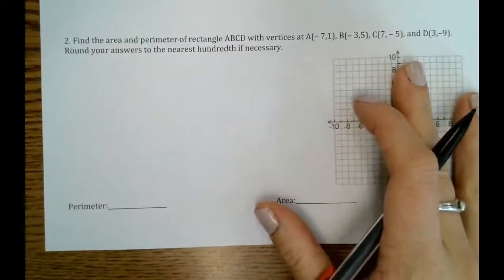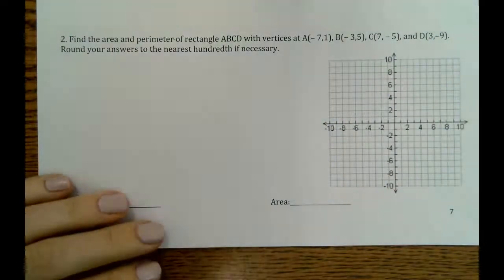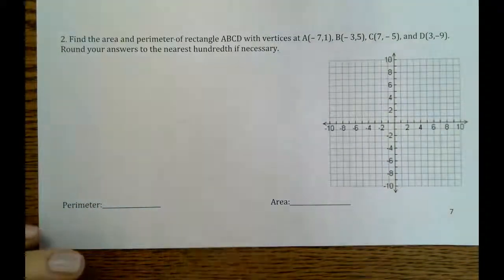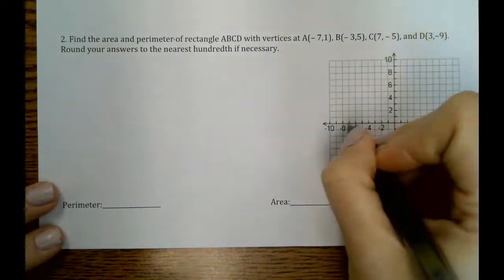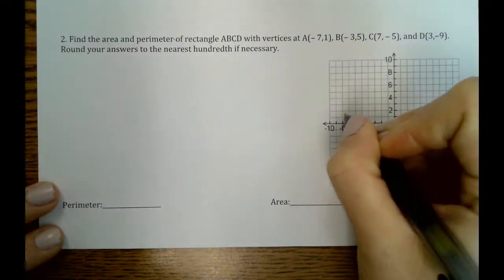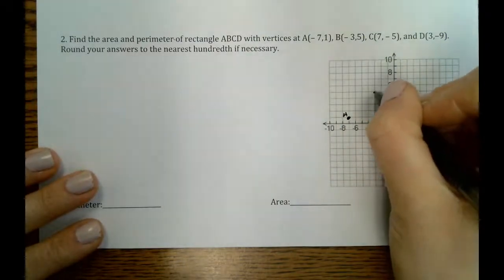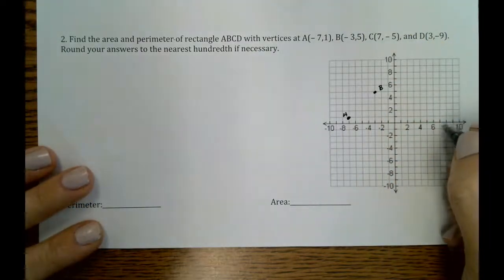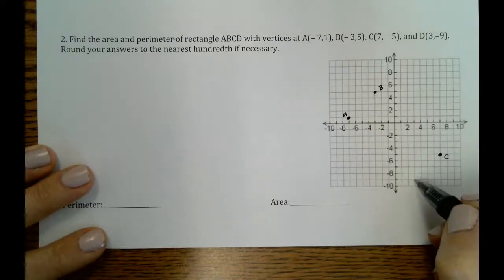Number 2. Okay, it says find the area and perimeter of rectangle ABCD. Okay, so we're going to go ahead and plot these points first. So A is at -7, +1. B is at -3, +5. C is at 7, -5. And D is at 3, -9.